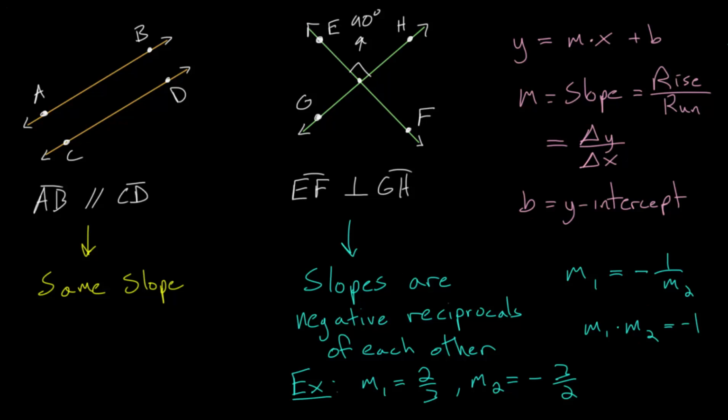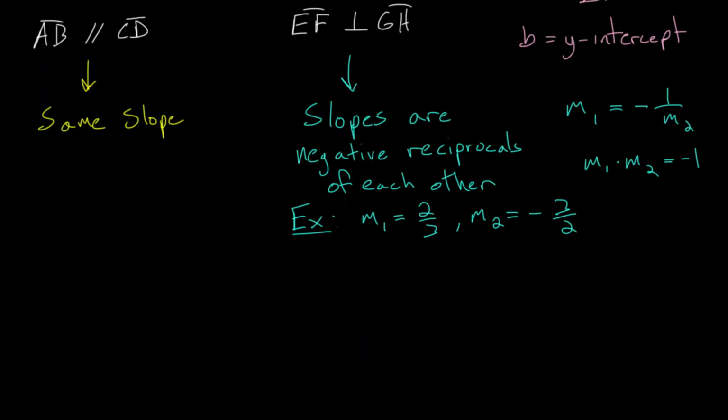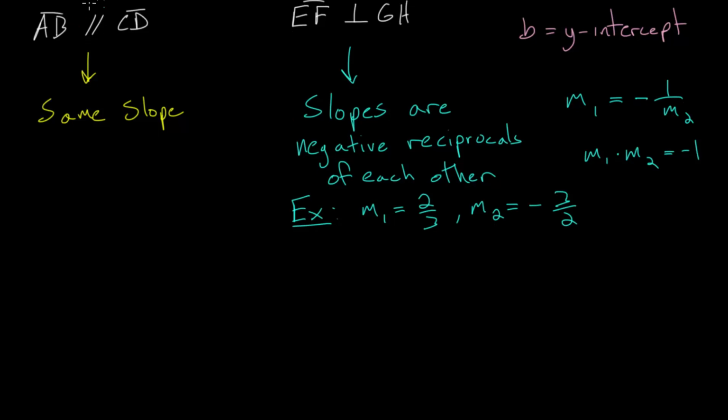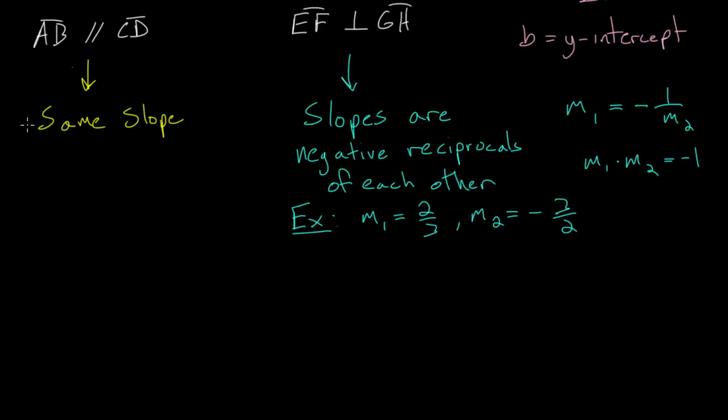So let's look at an example or pair of examples from each of these cases. And for parallel lines, let's say our example is that for line 1, y1 is equal to 7x plus 2, where 7, the number multiplied by x, that's our slope, and 2, the number added at the end, this is our y-intercept.